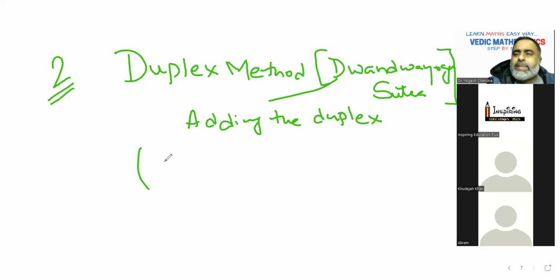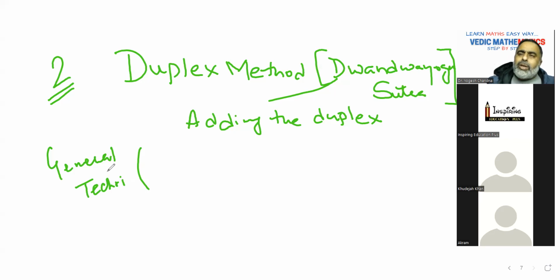Best, why I'm saying best, though it is not every time fast. For example, even other methods are faster than this. But this is the method with which every number can be found, or you can call it a general technique. Every number, even 4-digit, 5-digit, 6-digit, 7-digit, it might be lengthy, but every number can be found by this technique.